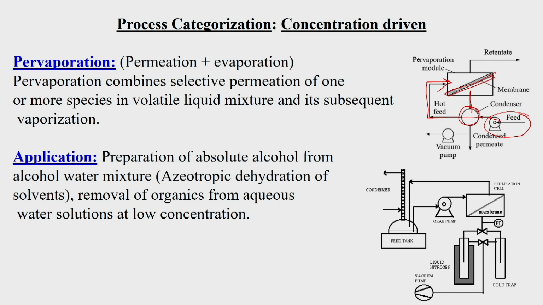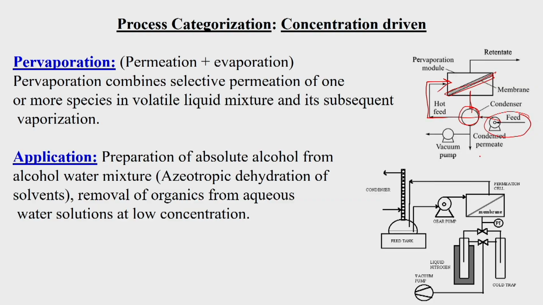As the vacuum is created on the opposite side, one or two components will be vaporized, enter through that membrane, and be collected through this vacuum pump. When it is condensed, the condensed permeate will be collected, which is the more volatile components separated, and the less volatile component will be retained. So, based on relative volatility, pervaporation is effective.